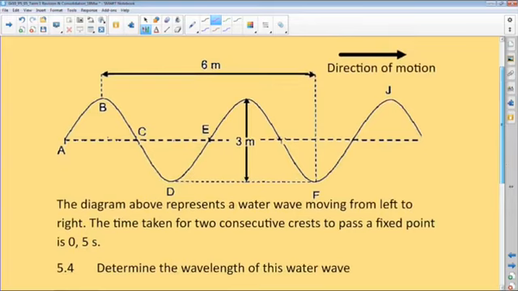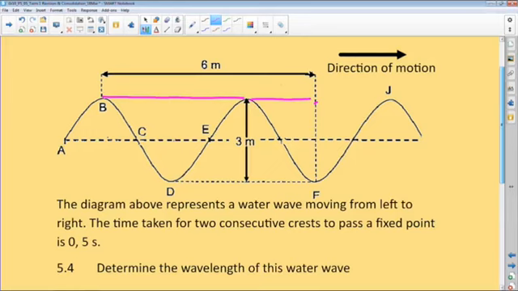Now, in this case, we are guided by the 6 meters, which shows in the direction of motion. So between B and this point, between these 6 meters, it means we've got 1.5 wavelength. Is it fine? It's 1.5 wavelength.